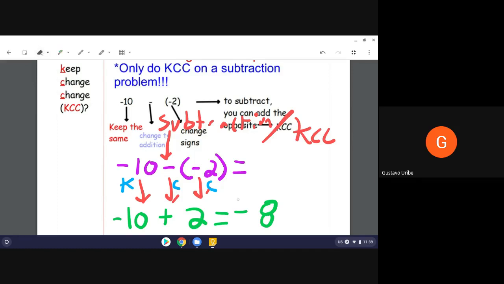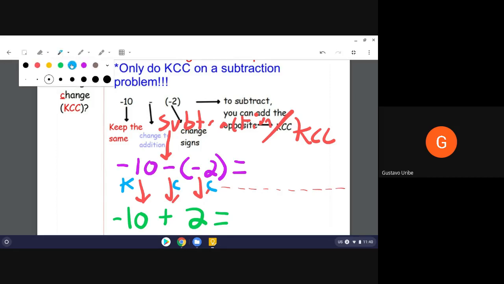If we're still not comfortable doing that yet, we can go ahead and solve this by drawing this problem out. So right here I have 10 negatives. So I'm going to draw 10 negatives. 1, 2, 3, 4, 5, 6, 7, 8, 9, and 10. I have 2 positives. So I'm going to go ahead and draw 2 positives. 1, 2. And a positive and a negative cancel each other out.